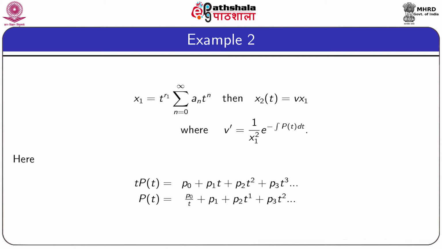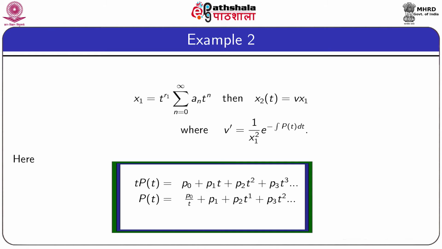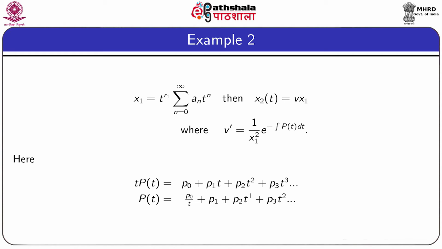Please note here that t into p(t) is equal to p0 plus p1 t plus p2 t square plus p3 t cube plus dot dot dot, and hence we can get p(t) by dividing the whole expression by t, which is equal to p0 by t plus p1 plus p2 t plus p3 t square plus dot dot dot.